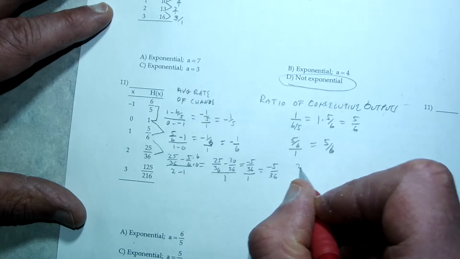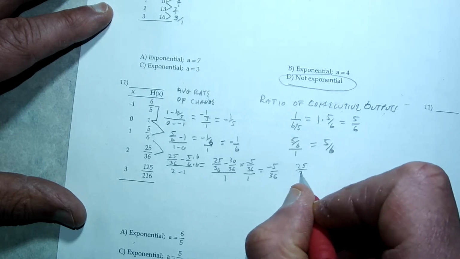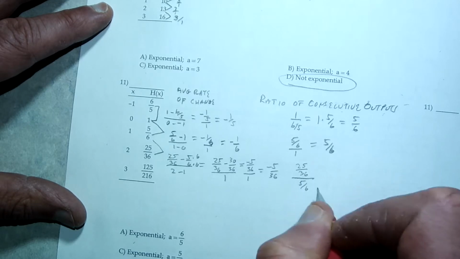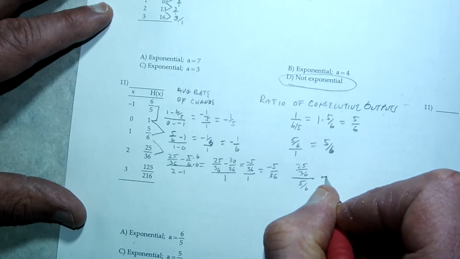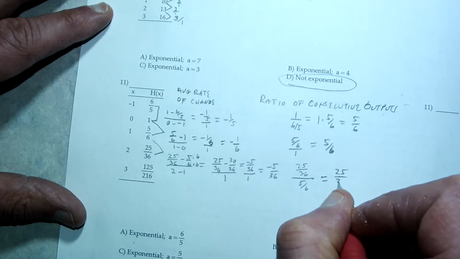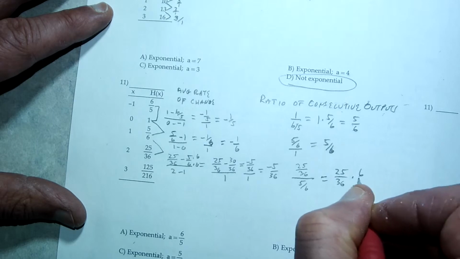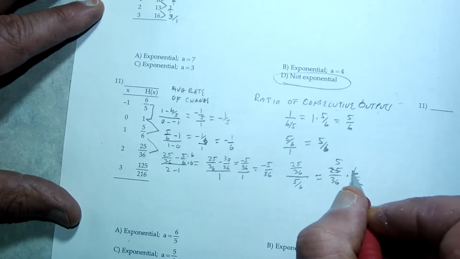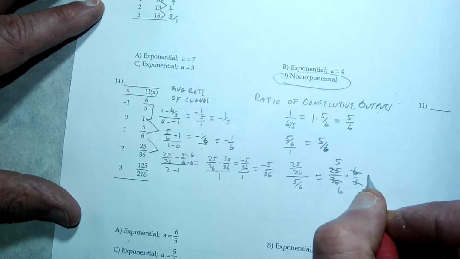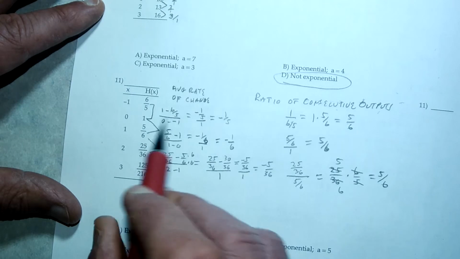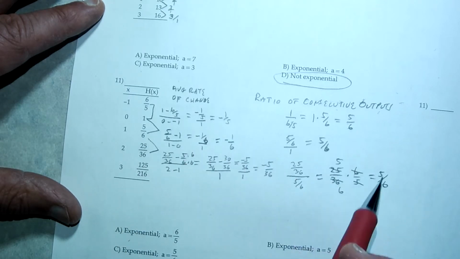We'd have 25/36 over 5/6. Then to divide by a fraction is to multiply by the reciprocal, by 6 over 5. This would cancel, we'd get 5. And this would cancel and we'd get 6. And once again, the ratio of consecutive outputs is turning out to be 5/6 every time.